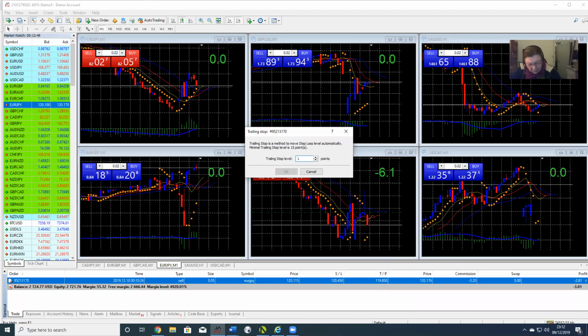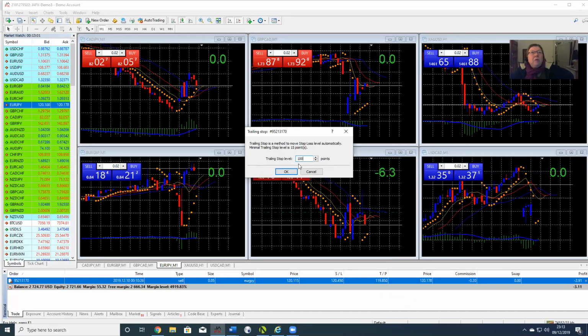So if we put in 100, that would mean that after 10 pips profit, it will then move, minimal trailing stop, it will follow you behind by 10 pips. I forget exactly.